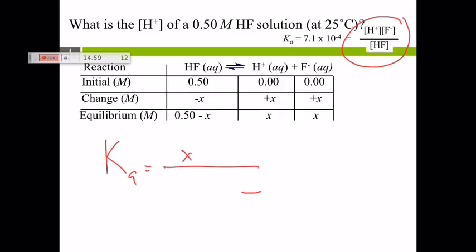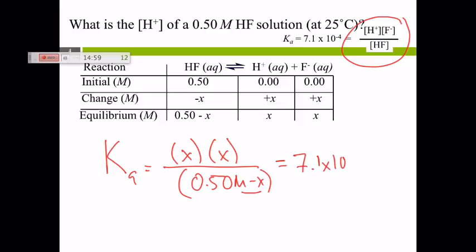So that's X is our concentration of H plus, X is our concentration of F minus, and HF is 0.50 molar minus X. Everybody see how we did that? And then what's really nice here is that we know the numeric value of that, 7.1 times 10 to the negative 4th. So can you guys solve for X? How would we solve for X?